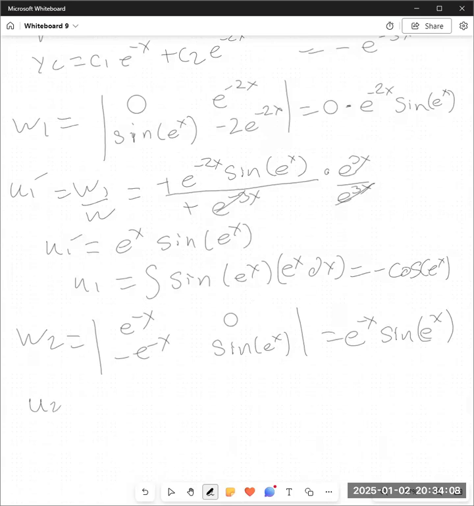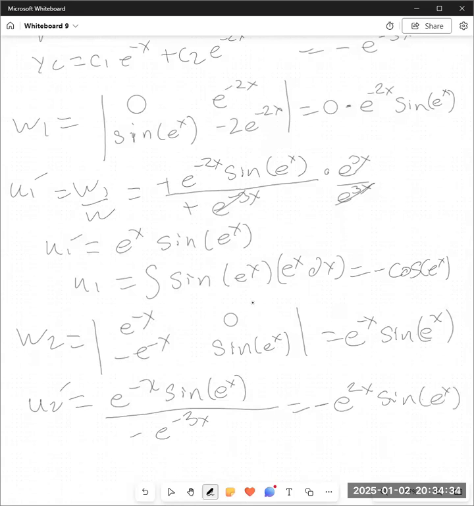And u2 prime is e to the negative x sine e to the x over W, which was a negative e to the negative 3x. So that is a negative e to the 2x when I bring that up, sine of e to the x.